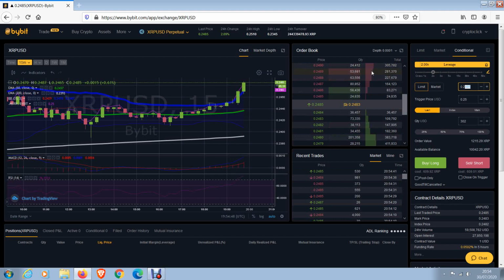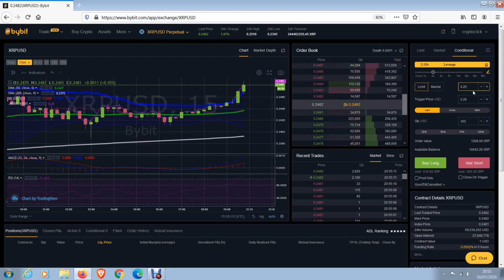Now the way that it would generally work is first come, first served. If you've put your order on the order books already through a limit order, it will be seen, but it won't be seen if you do a conditional limit order like this. The trigger price will then put your order on the order books, and it would mean that generally you would want to be a little bit higher, so I'd say 25.05 or something like that.